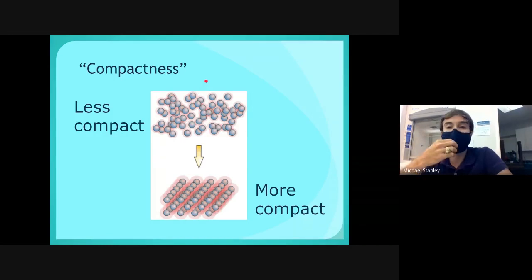So that's what we mean by density. It's not just how heavy something is. It's this combination of heaviness and the amount of space that it takes up, its overall volume.